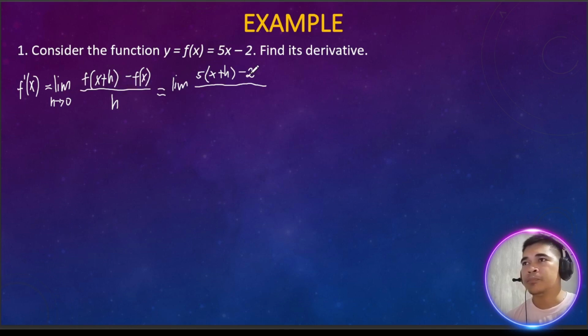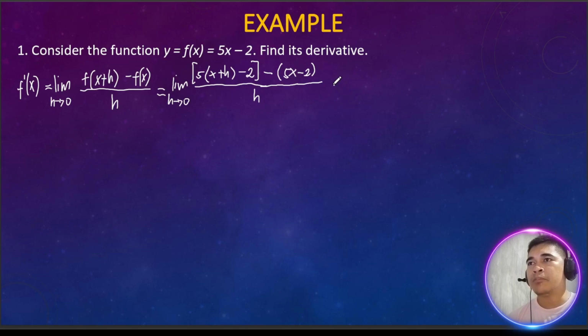Sa next, we have minus, what is our f of x? That is 5x minus 2, all over h as h approaches 0.